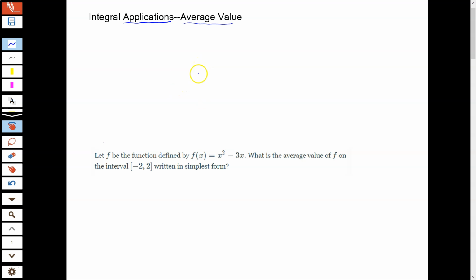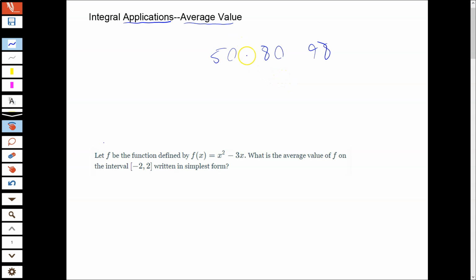Okay, so you are familiar with averages, I'm sure, from earlier in your math career. So let's say you have a test, right? And you get a 50 on your first test, and then you get an 80 on your second test, and then you get a 98 on your last test because you studied really hard after that 50.